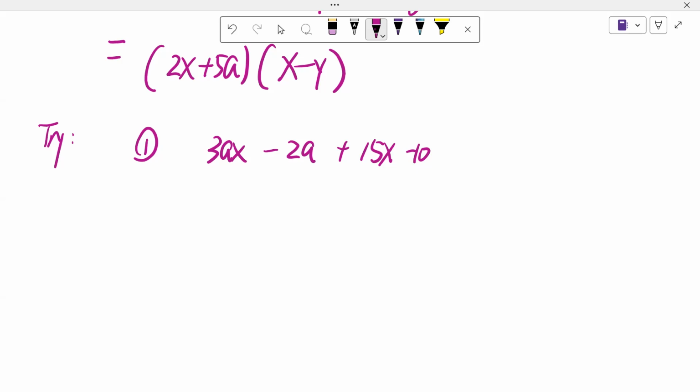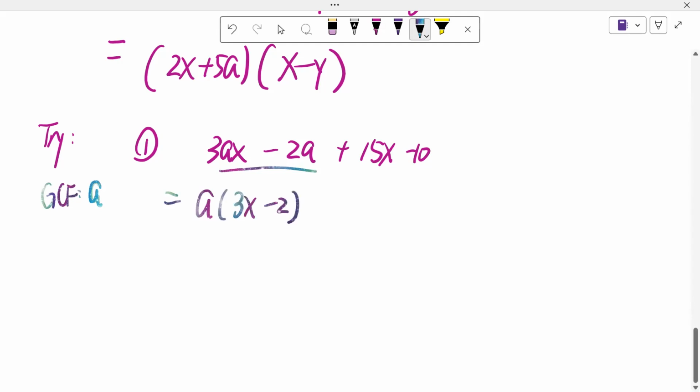All right, let's go over solutions. So for the first two terms, the GCF is 8, right? So factor out by 8, then we get 3x minus 2. And then the other two terms, the GCF is just 5.